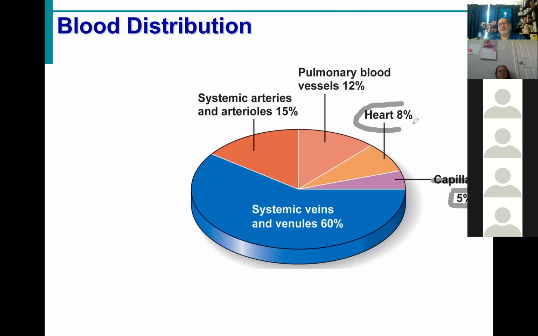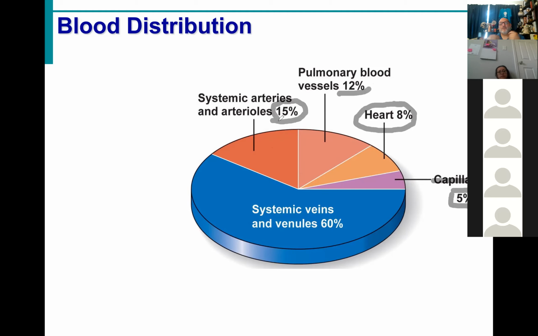Notice at any one time, only about 8% of our blood is in our heart, only about 12% in our pulmonary circulation, and the rest is systemic. But even there, it's not equally distributed. Our arteries, dealing with the higher pressure blood and having the advantage of gravity, are able to more easily move the blood, so typically the blood moves more quickly through the arteries.